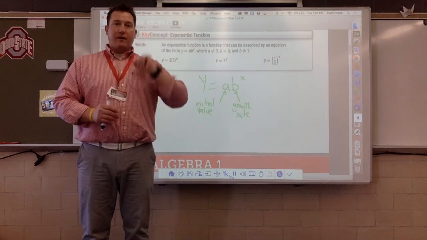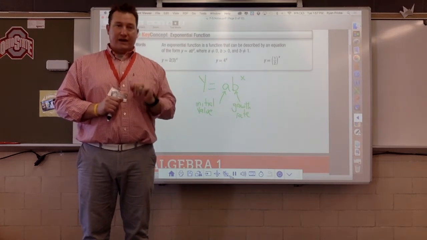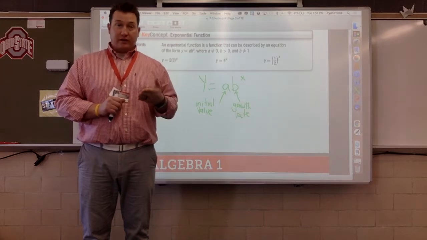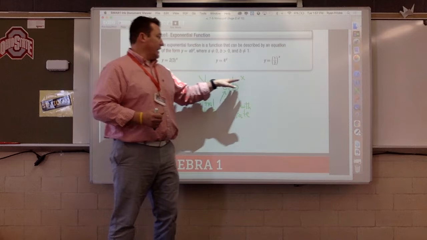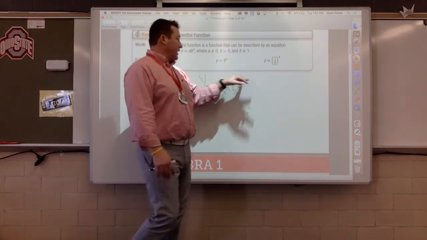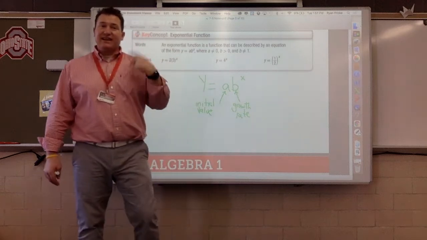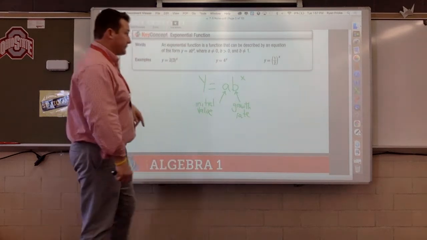Hey, it's growing by 15%, 20%. Or it could be doing one of the weird growth rates. It's doubling, it's tripling, quadrupling. Okay? Again, x and y always stay exactly where they are. They're just x and y, right? Input, output. In this case, the x is actually the exponent of this, okay?